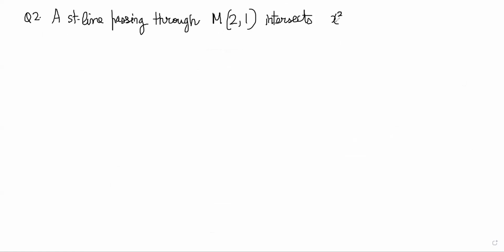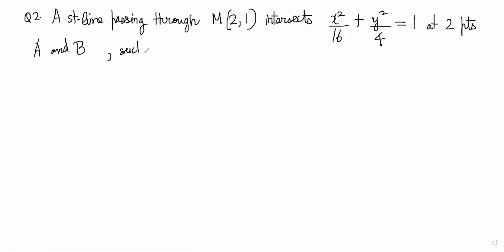A straight line passing through M (2, 1) intersects x square by 16 plus y square by 4 equal to 1 at 2 points A and B such that M trisects the chord AB.